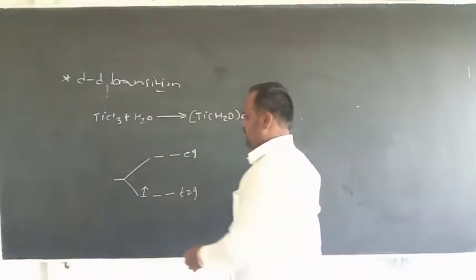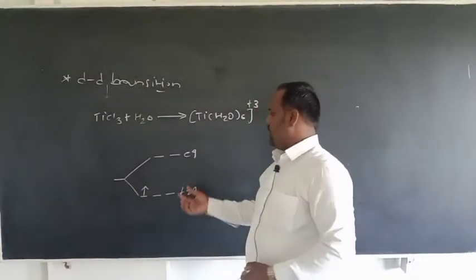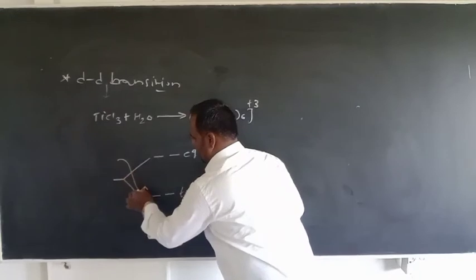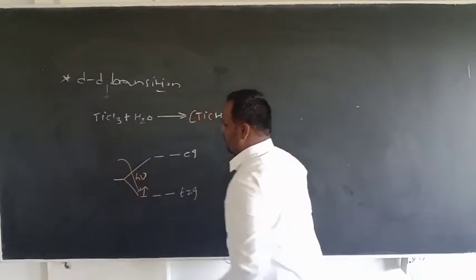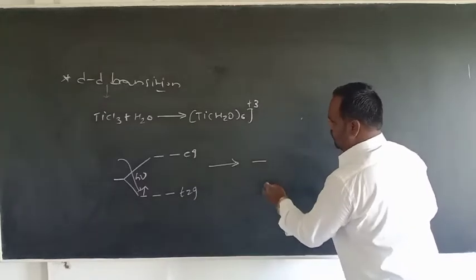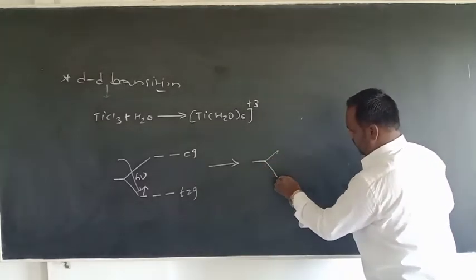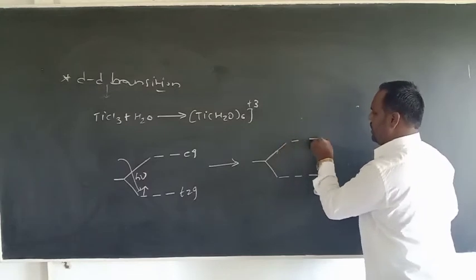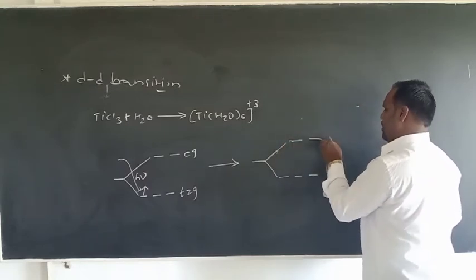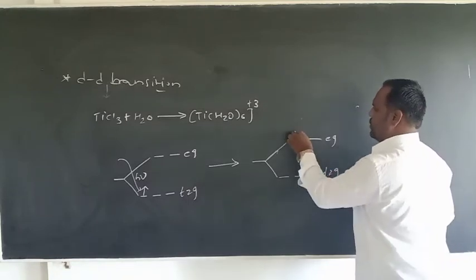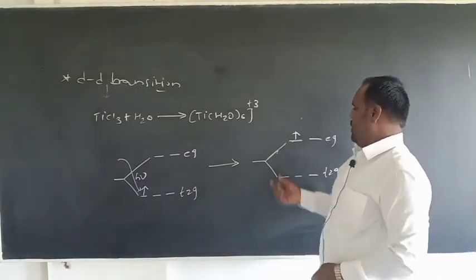This electron goes into the EG orbital by absorption of light radiation. When it absorbs light radiation, it goes into the EG orbital, that is T2G to EG. This electron goes into the EG orbitals.